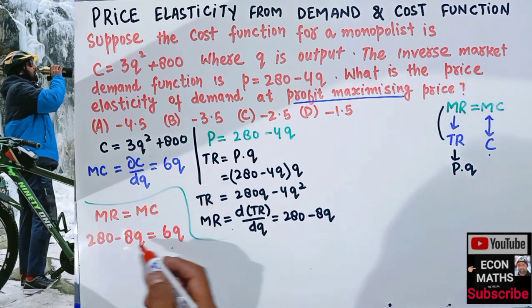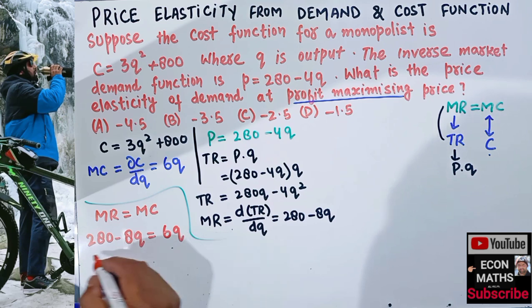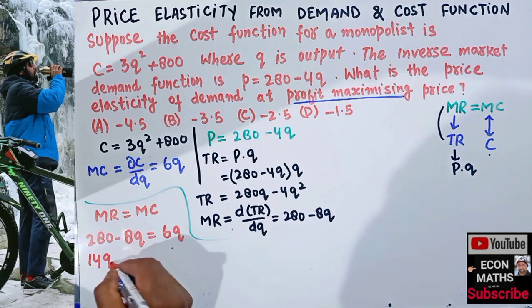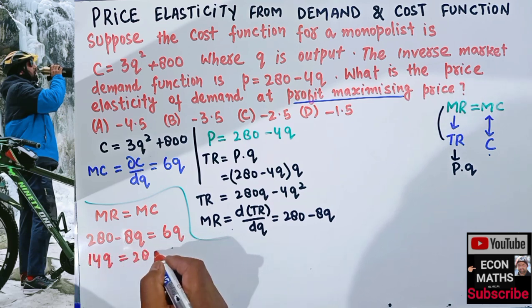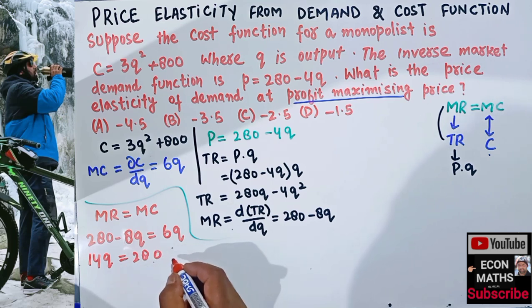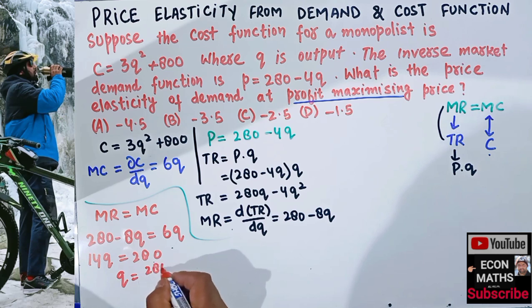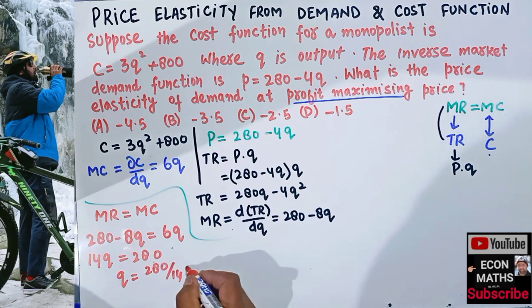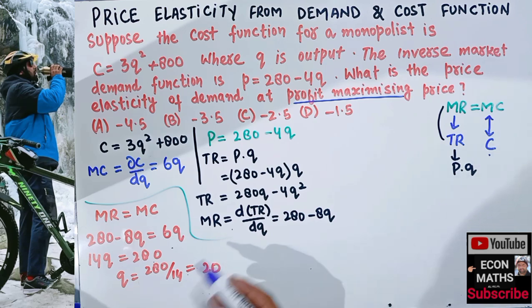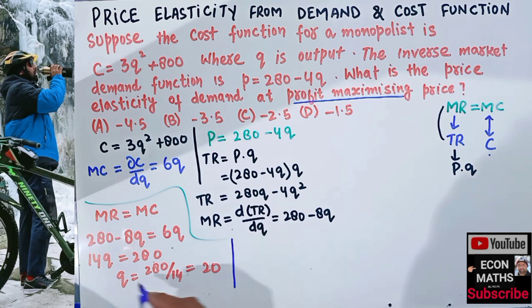So that means 14Q = 280, which implies Q = 280 divided by 14, which gives us 20. This is our profit maximizing output.